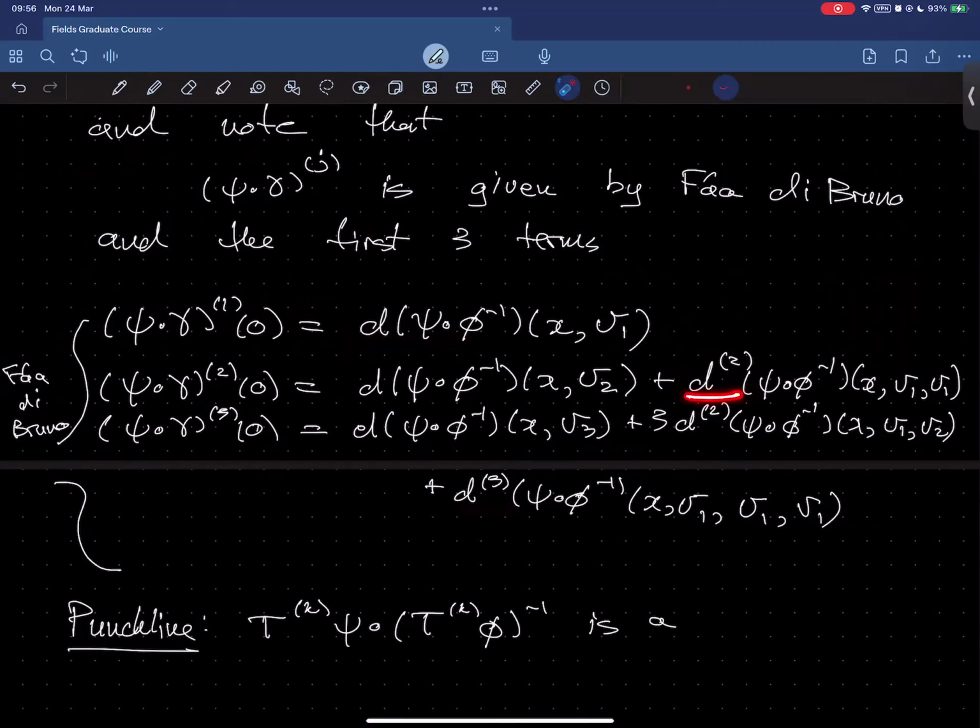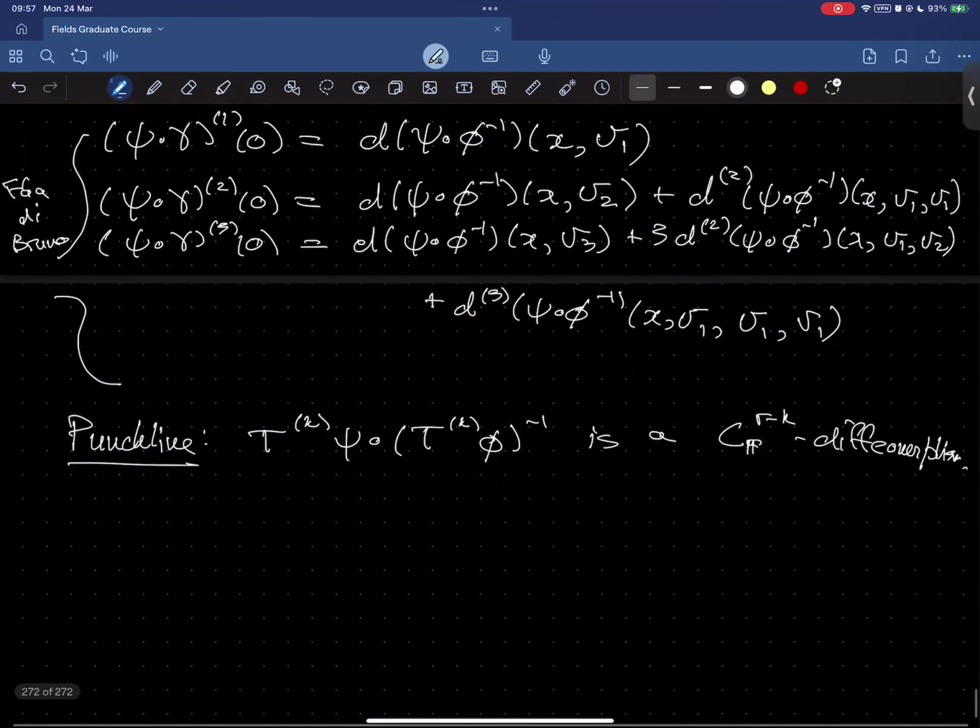You have a second derivative here and a third derivative here. So it's actually a C^(r-k) diffeomorphism. And so that's the overlap condition.